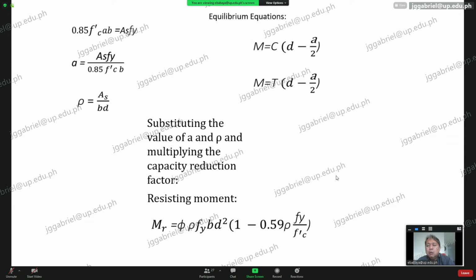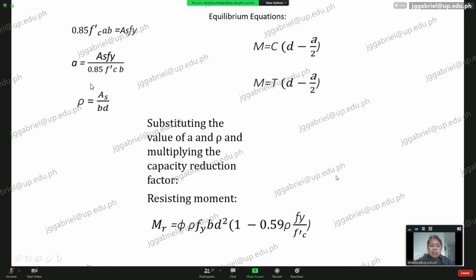What do we do with the strength, as with the earlier slides, when we are designing? The loads we amplify. The strength we reduce. How do we reduce the strength? We multiply with a reduction factor. So in here, we multiply phi. In this case, for moment, we use phi equal to 0.9.